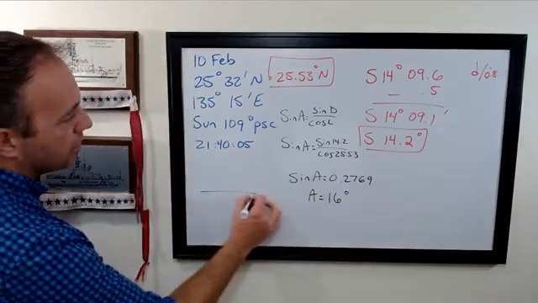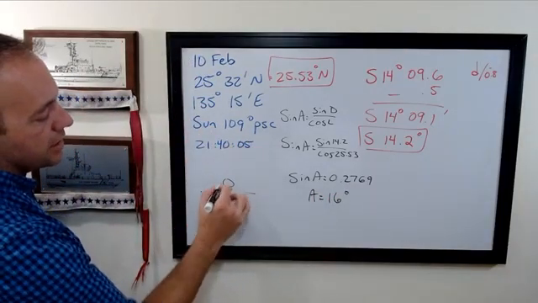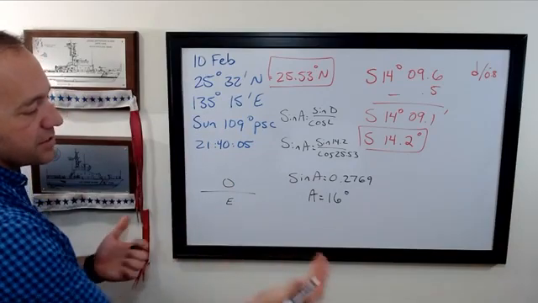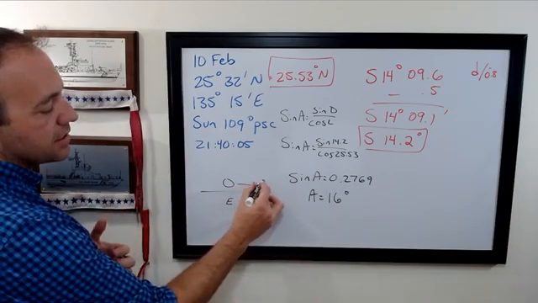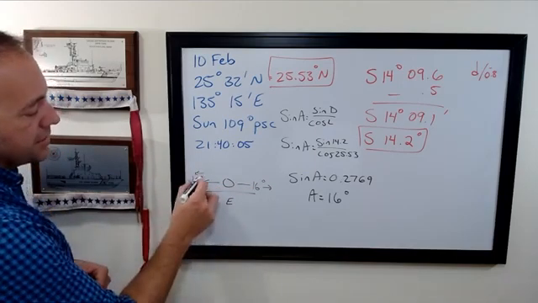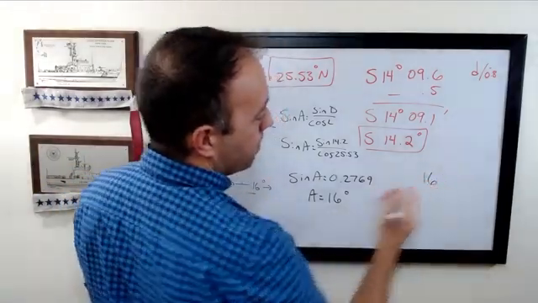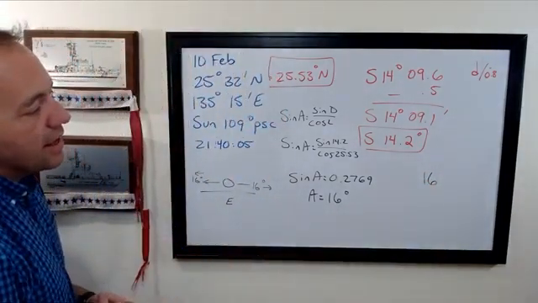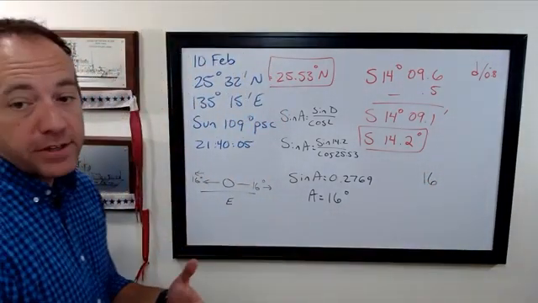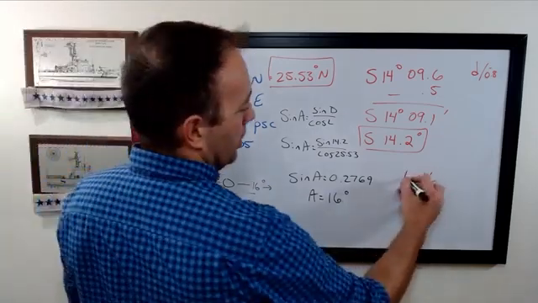So what's that telling us? Well, this is a case of sunrise. So normally the sun would be right to the east, right? And we're deviating from it 16 degrees, either that way or that way. So we have to figure out which is which. The prefix goes with the sunrise or the sunset, so for sunrise, it's east.